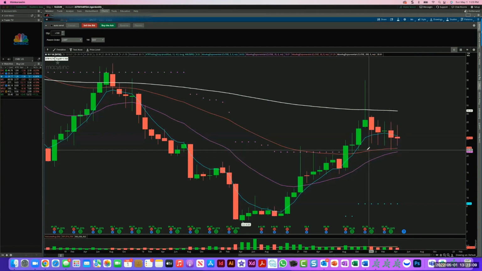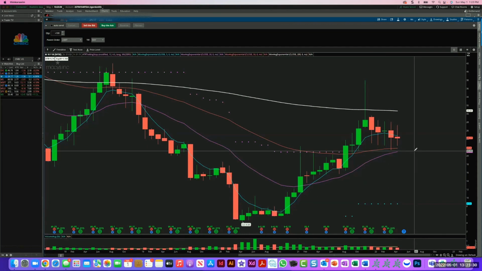Ultimately, looking at the 5-day EMA crossing below the 50, which would then accelerate this move to the downside for Macy's. And we believe that based on what we've heard about the retail sector being somewhat weak, this is going to be a trade that we would look to take to the downside.